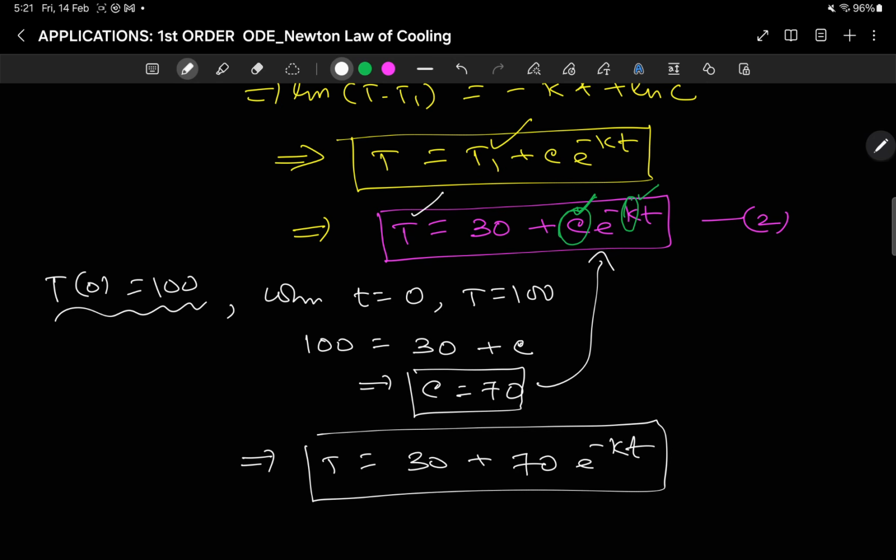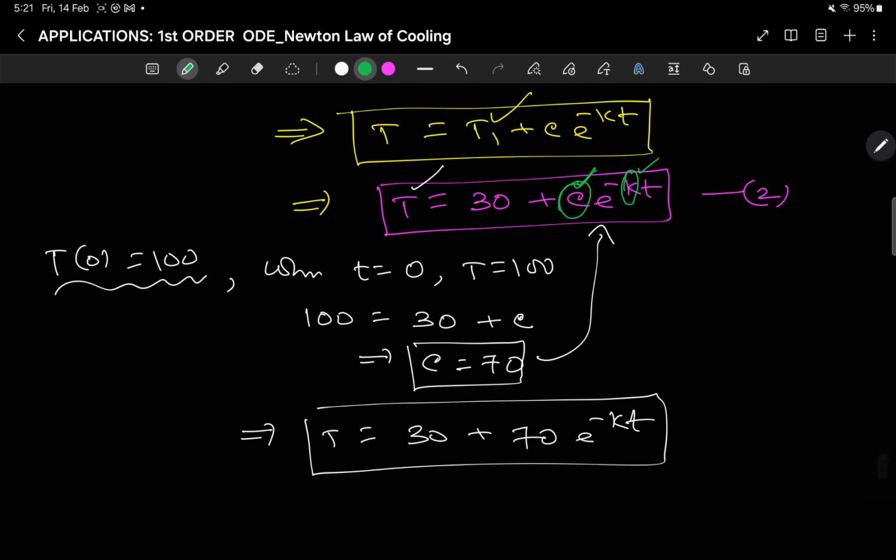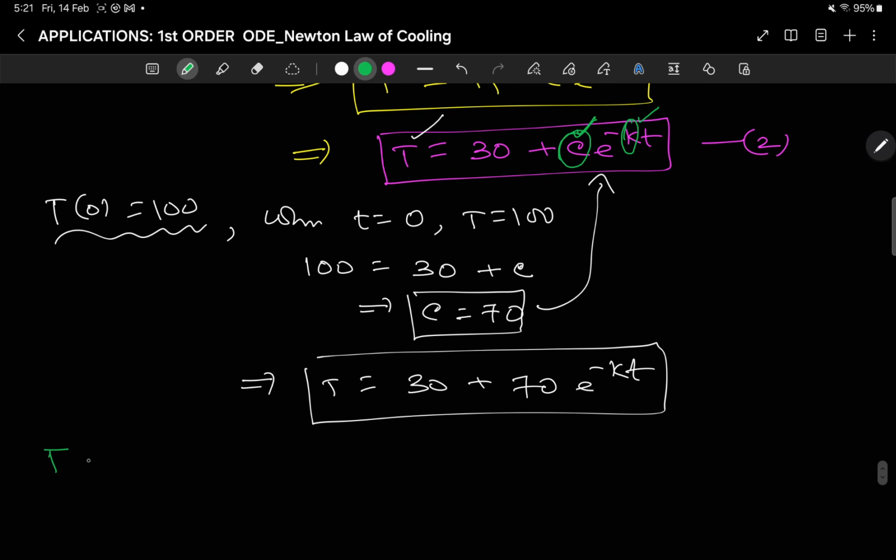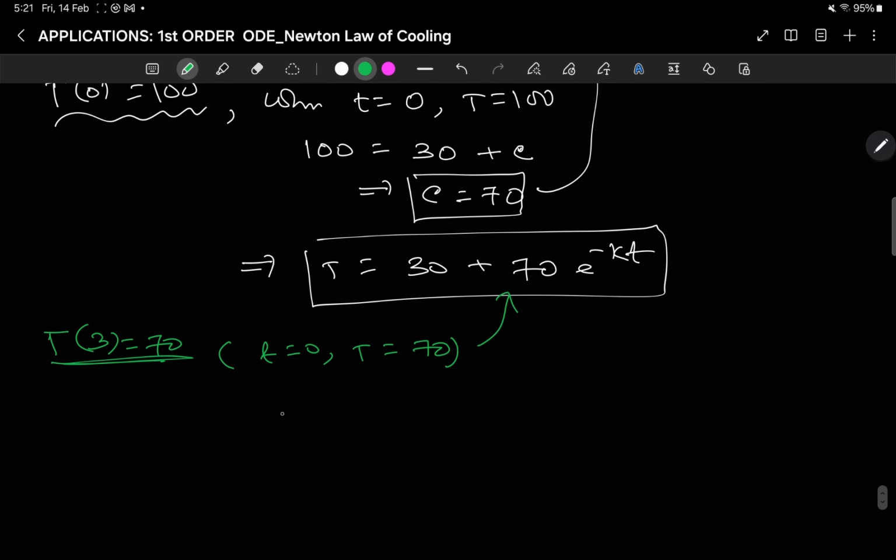Okay, next you substitute the second condition. Here T of 3 is equal to 70. What does it mean? When small t is 3, capital T is 70. So you substitute it over here. So 70 is equal to 30 plus 70 e to the power minus 3k.